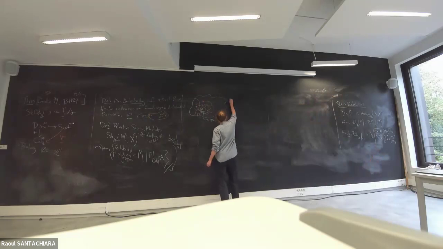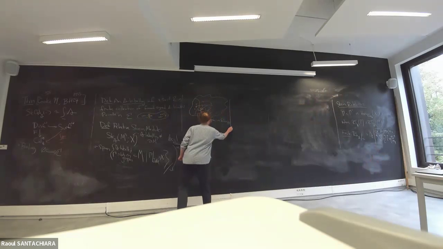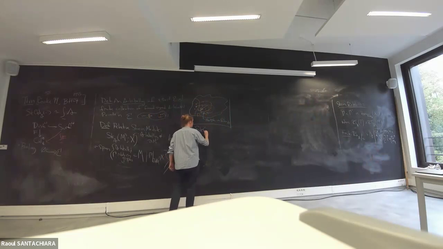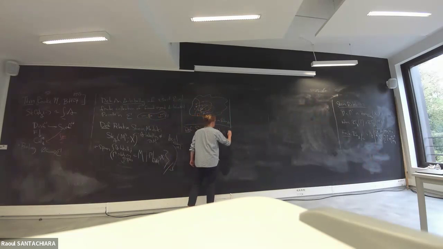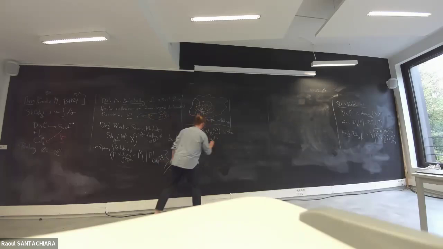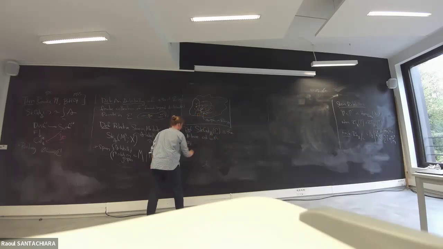So I've done all this so that I can define my Skein category. The Skein category of A, the sigma, linear category with objects A labelings with sigma, and then my morphisms.